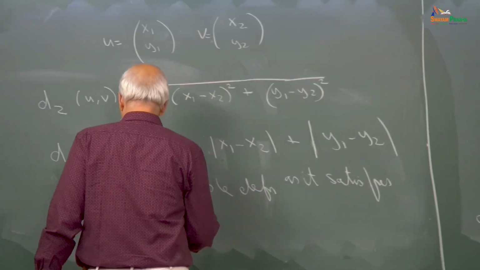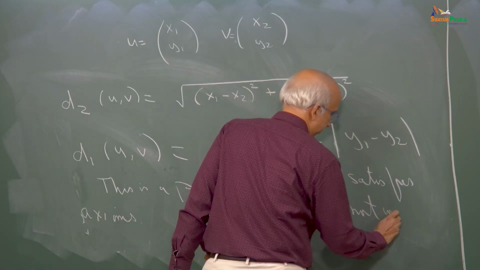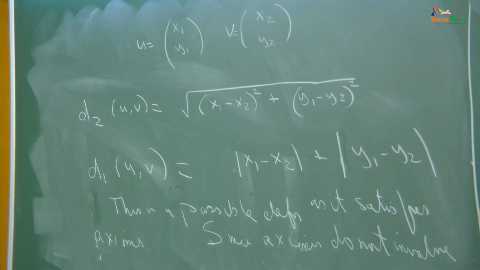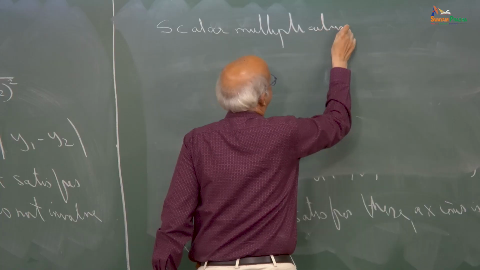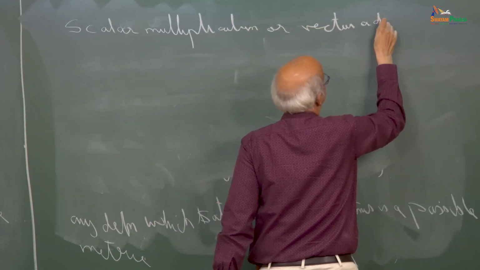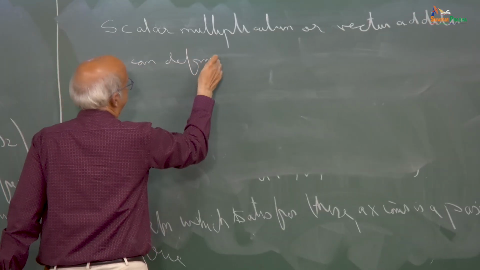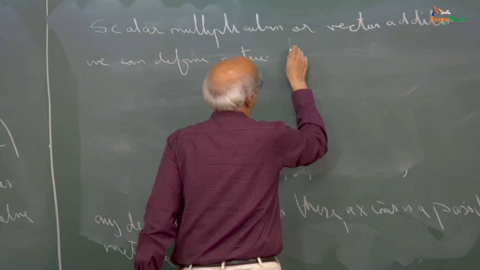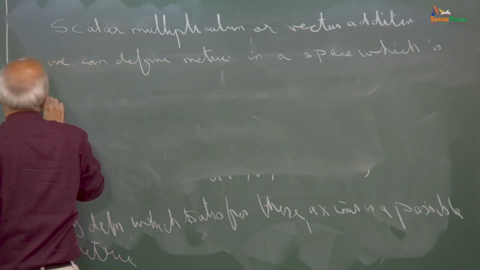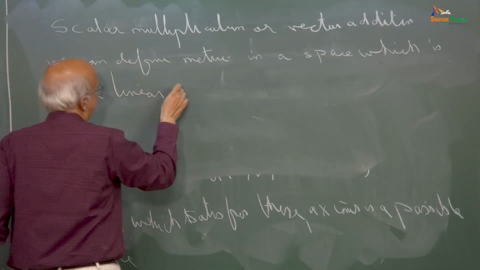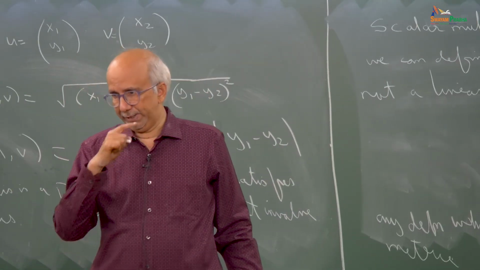Okay. So, that is the last point I want to make, then we will generalize it and talk about other things. Since the axioms do not involve scalar multiplication or vector addition, we can define a metric in a space which is not a linear space or a vector space, because a linear space I said was closed under scalar multiplication and vector addition.